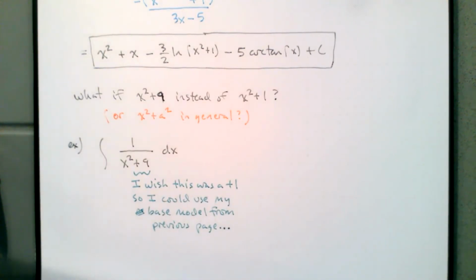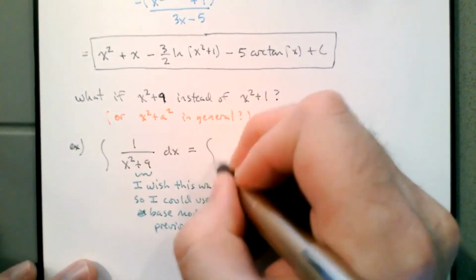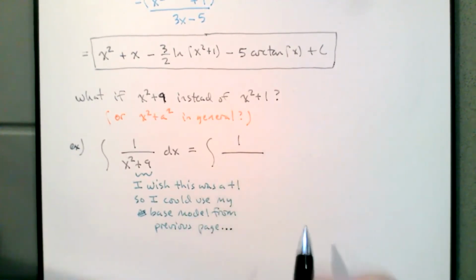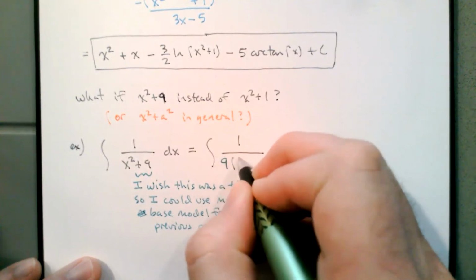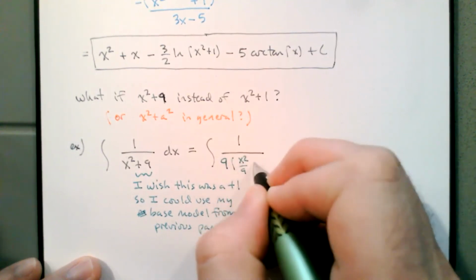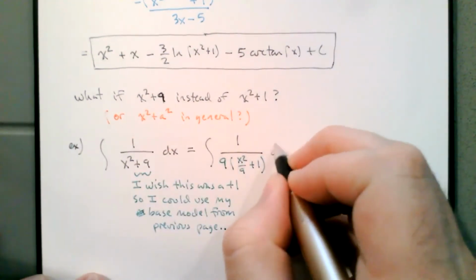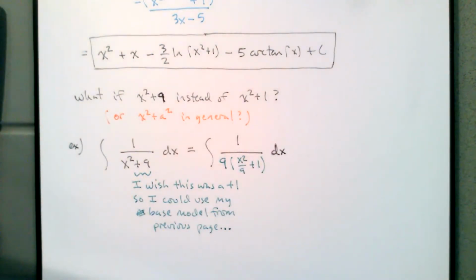I'm going to factor a 9 out of this polynomial, and that'll leave an x squared over 9, but it'll say +1. So all I did was factor a 9 because I wanted that to say +1.